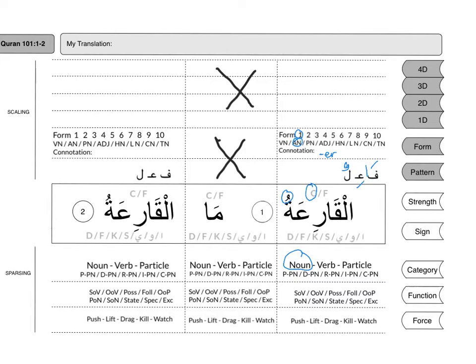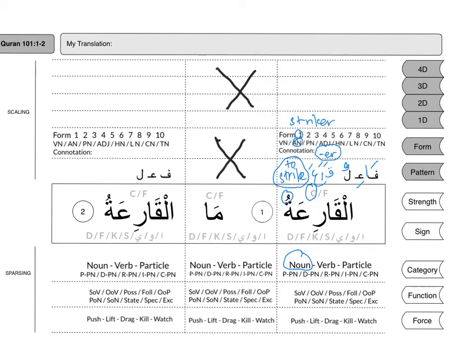So you say F1, it means you take the 3 root letters, which is qaf ra'ain. You look at the dictionary and it will say that the meaning is to strike. Therefore you plus the connotation, which is er, plus strike, it becomes striker, or one who strikes, or something that strikes.